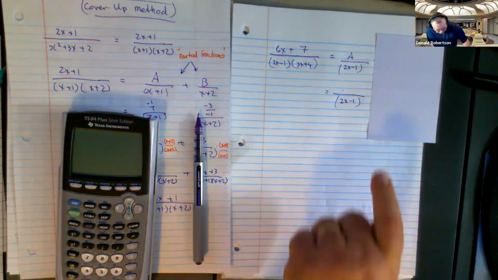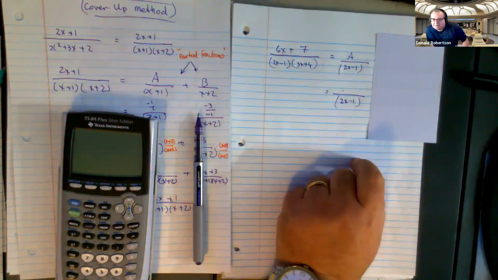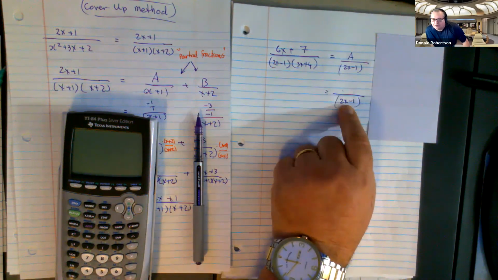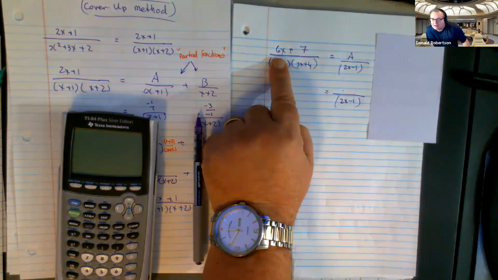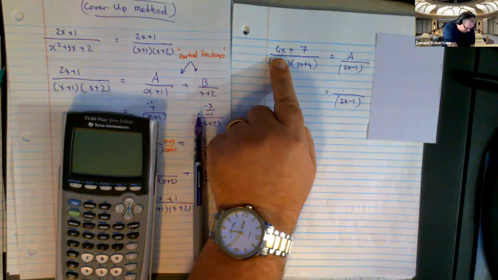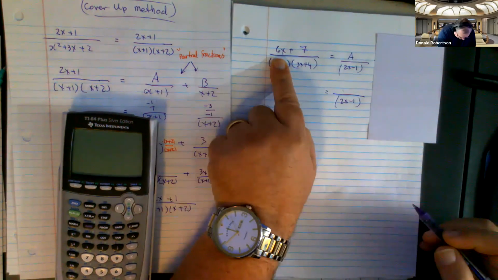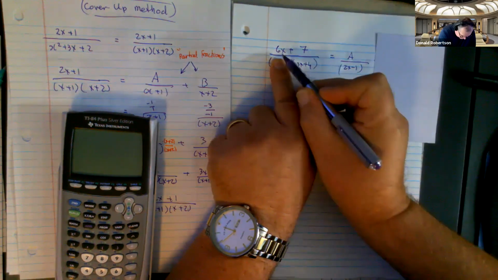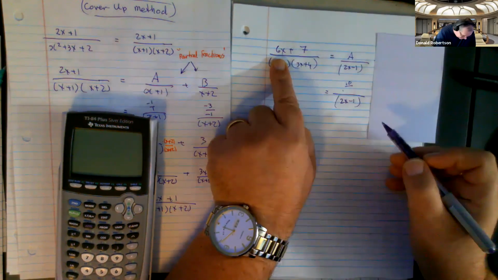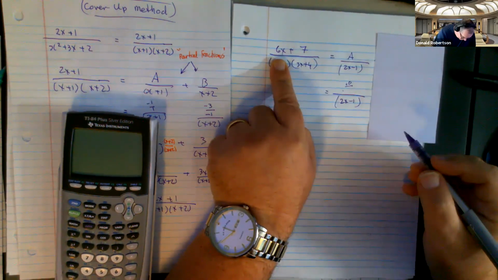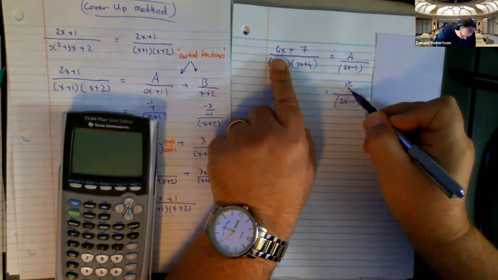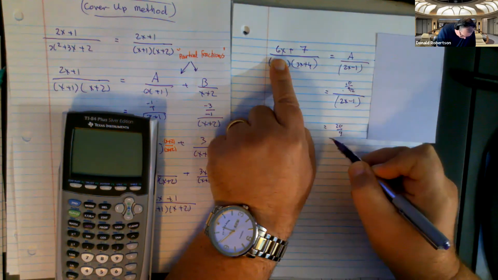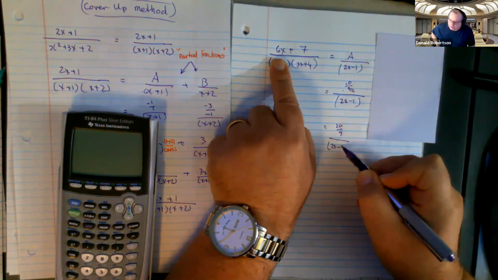I'll go for the first one, the A. So 2x minus 1 gets covered up, and you plug in a half. If you plug in a half here, you get 10 on the top. 6 lots of half is 3, 3 on 7. And you put a half in the bottom, you get 5.5, which is 9 halves. And eventually, you get 20/9.